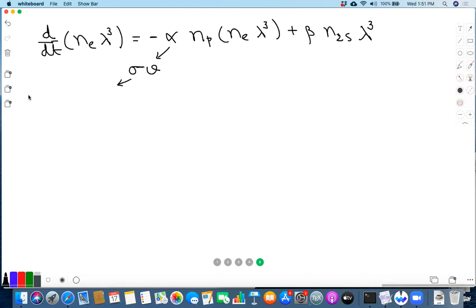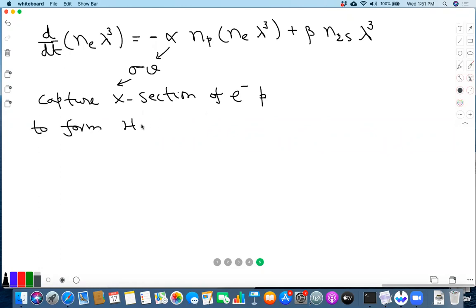Sigma is the capture cross section of an e⁻ p collision to form an H atom in state nl with n greater than or equal to 2.